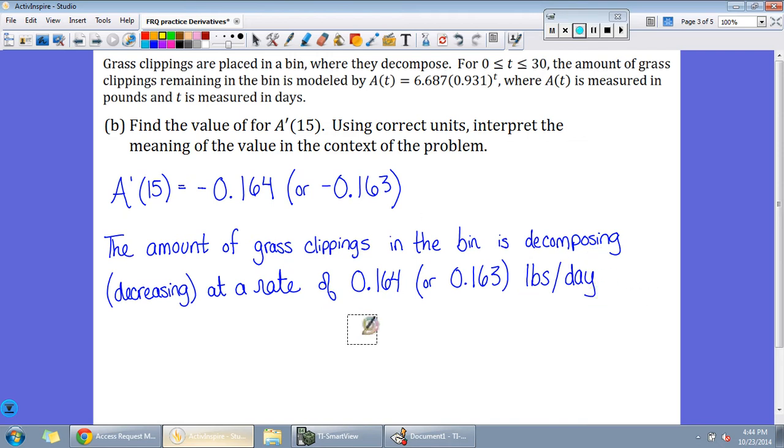You need to be careful about your negative signs. Because the derivative was negative, as long as you say decomposing or decreasing, then your rate should be positive. However, if you said changing, then you would need to make these numbers negative. Just make sure your positive and negative signs are correct.